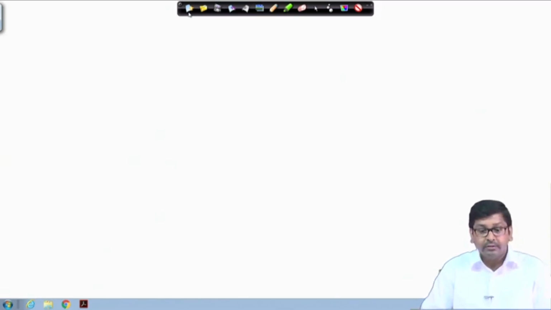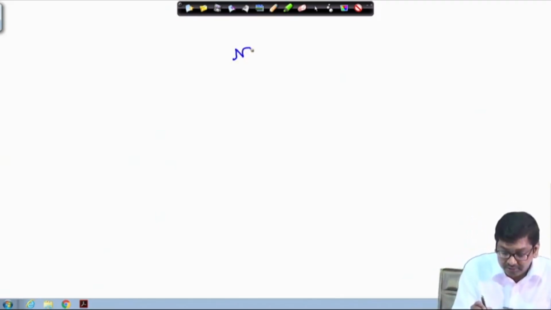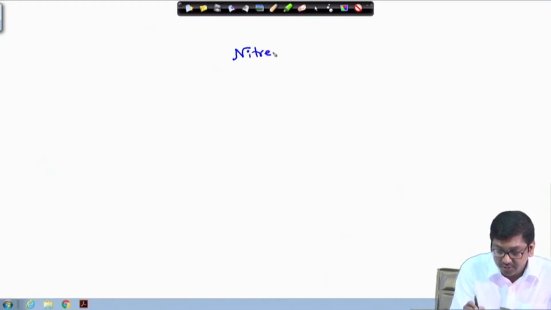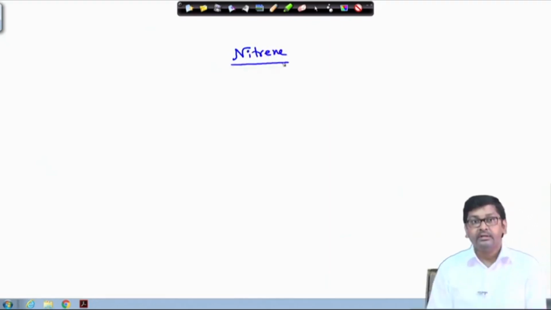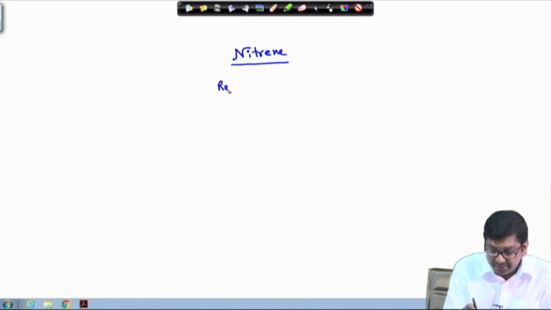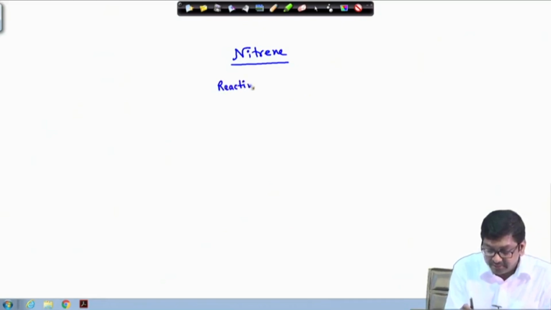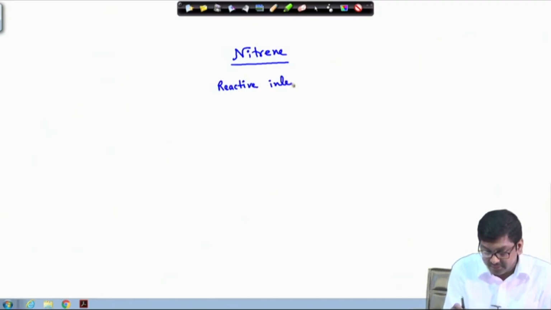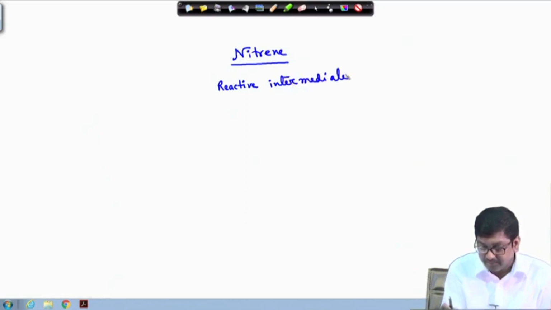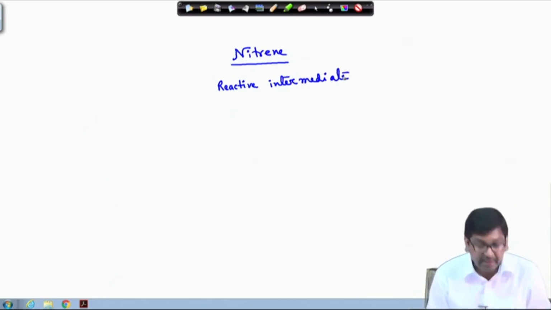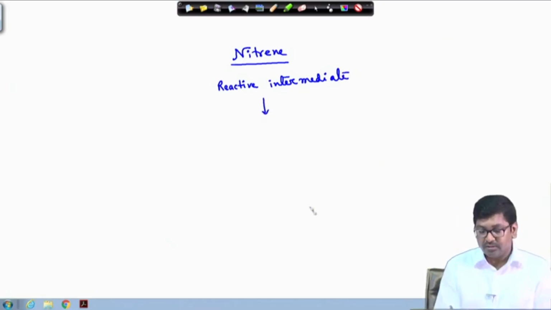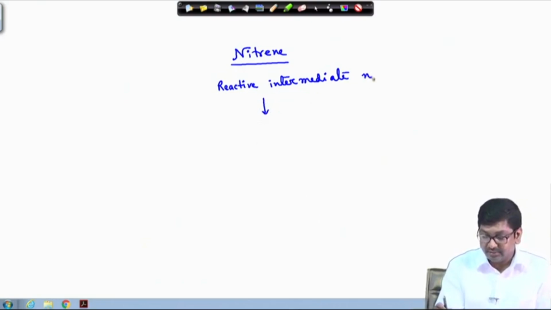Okay. So, today we will start with that, which is called nitrene. This reactive intermediate is actually the nitrogen analog of carbene.